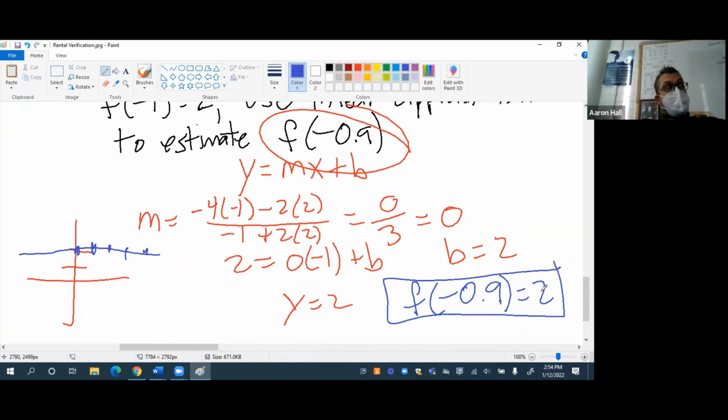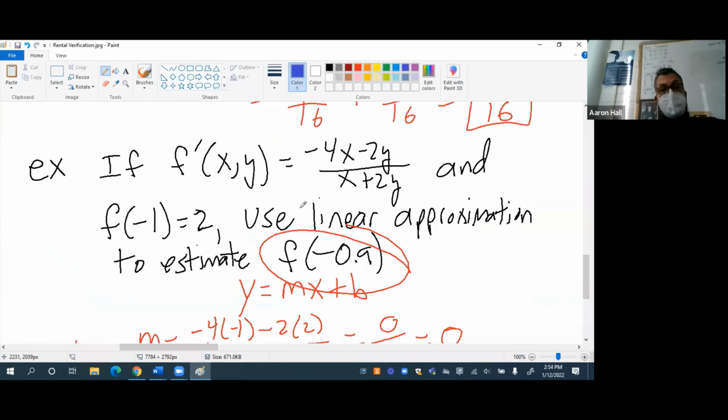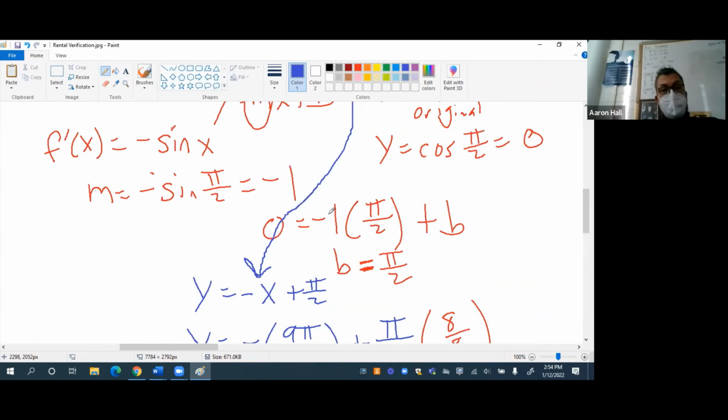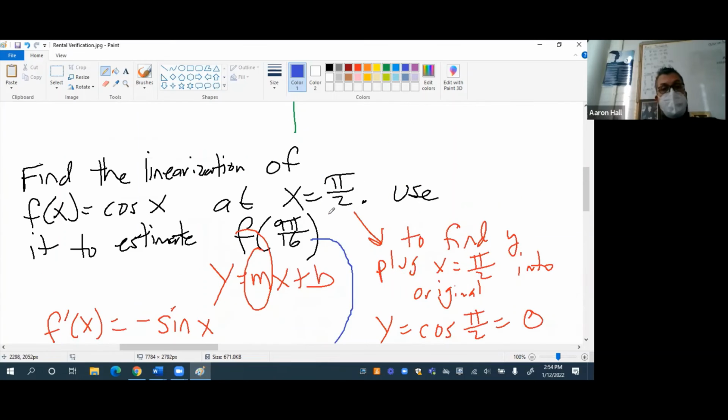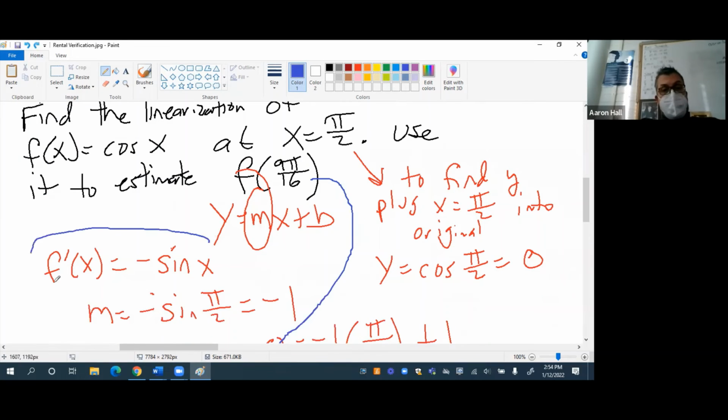I feel like I missed something in the problem before this one, on trigonometry. Okay, so what we did, we had to find y equals mx plus b. We found m by taking the derivative of this. This is the derivative.